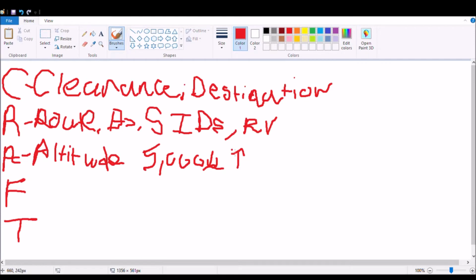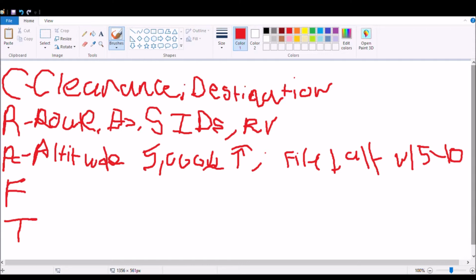In that case, I write an arrow with that, or it could just be a hard cap 5,000. And then usually, they say expect your filed altitude within 5 or 10 minutes. This is because if you lose ATC on your radios, after 5 or 10 minutes, you would climb straight to that altitude without any ATC restrictions.